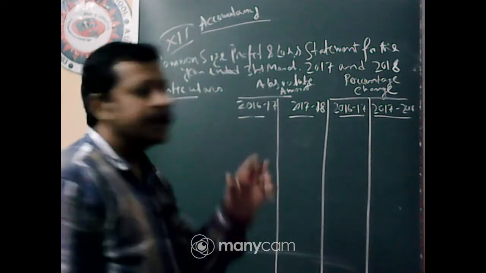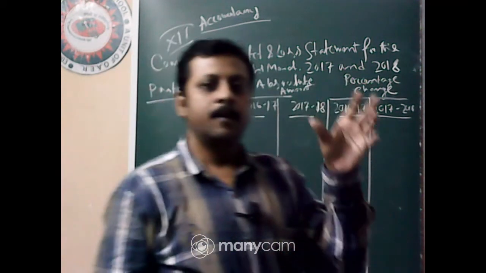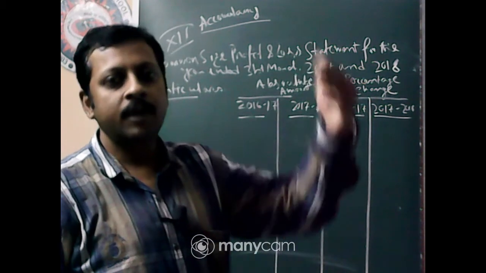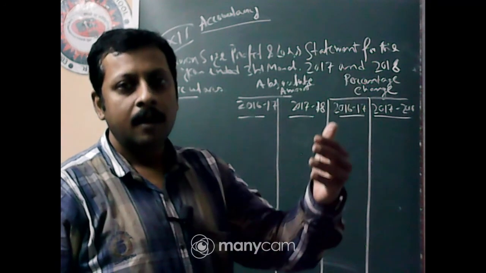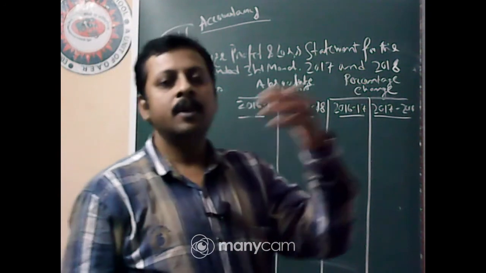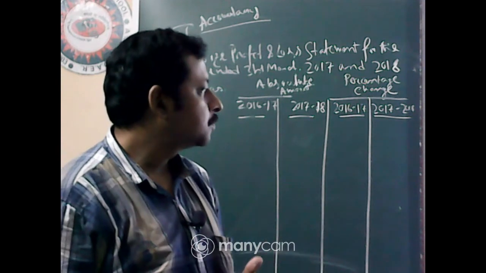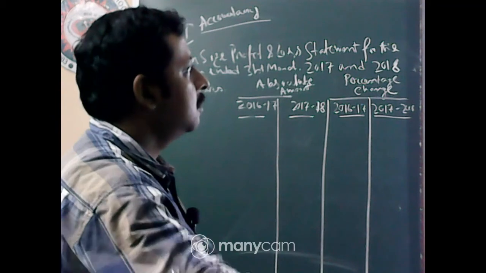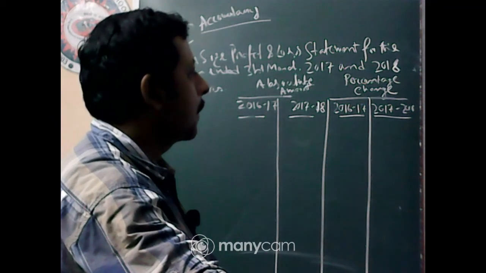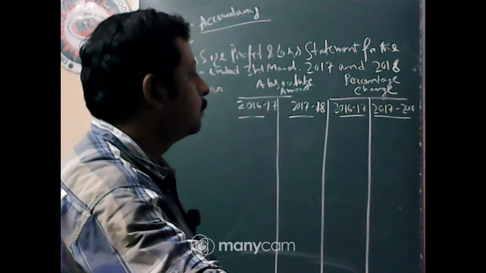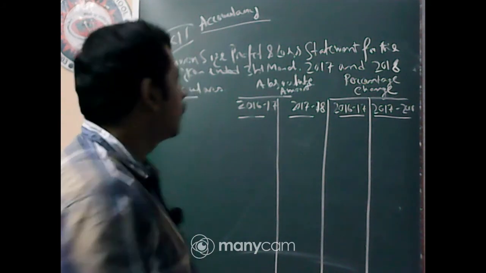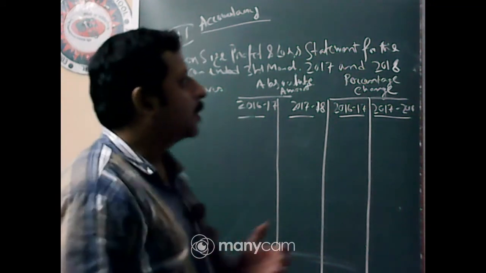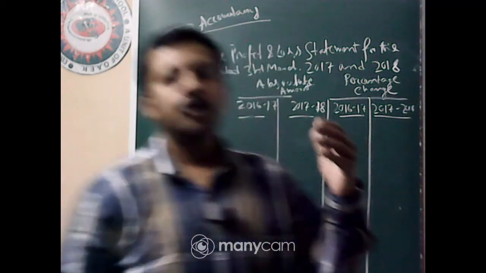In the case of the balance sheet, total asset will be the base and total liability will be the base. In the total asset, what will be the fixed asset? What will be the non-current asset? What will be your current asset?